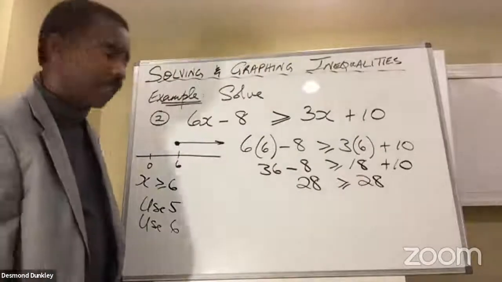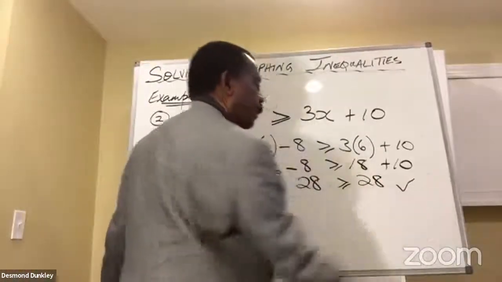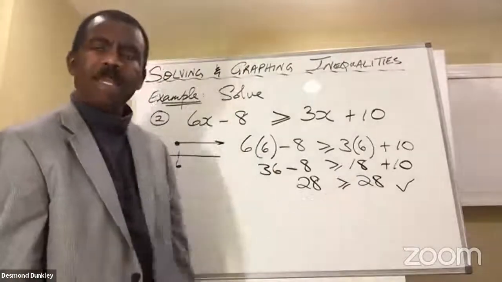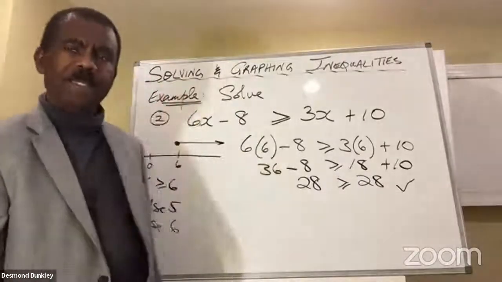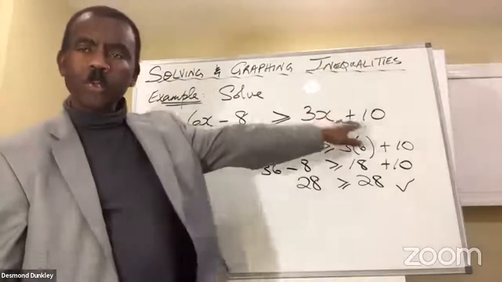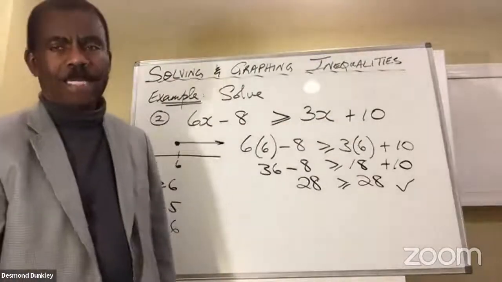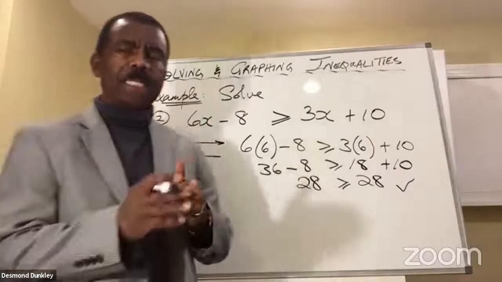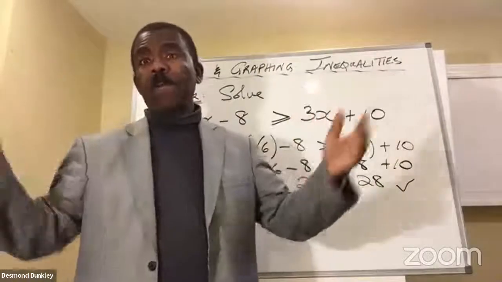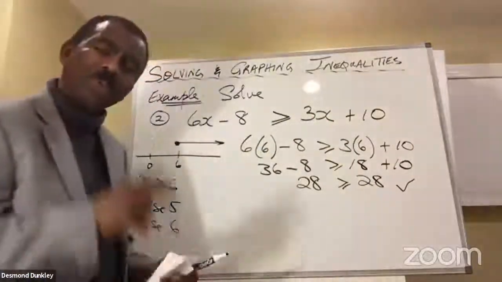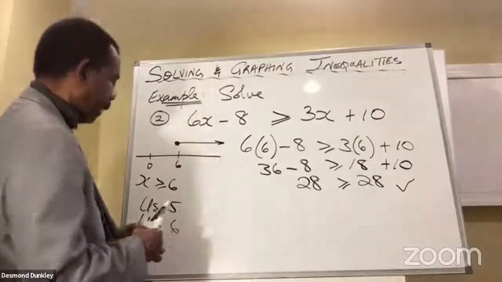Oh, that is true. 28 is equal to 28. So this is fine. That's perfect. So we realize that 6 is part of the solution set for that inequality. Notice I said solution set because it's an infinite number of possible solutions. Okay? Let's try 2 more and then we move on to another example.